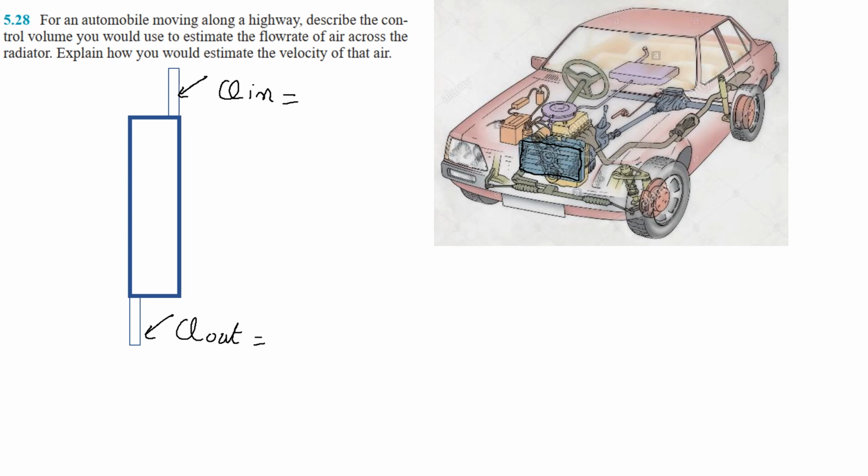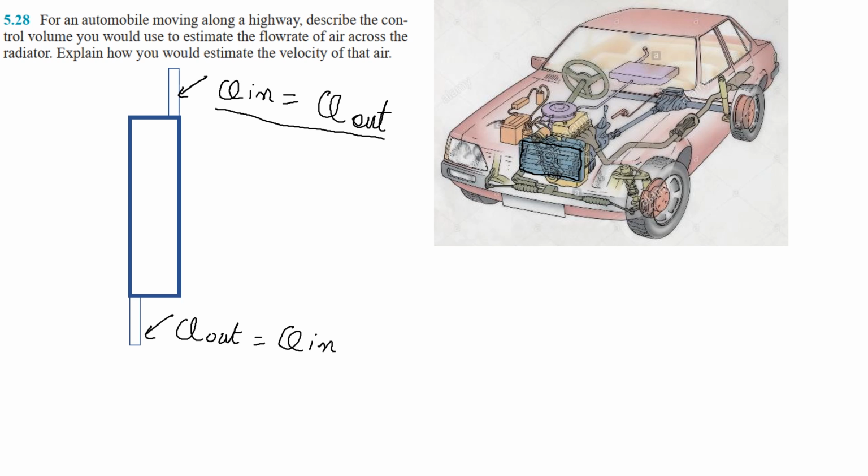I estimate that these two quantities will be equal, because we want to control the flow rate and we don't want any leakage of fluid from the system. So the mass is not actually changing; in this case it is very much conserved. So the flow going in and the flow going out might be the same. This is what I'm estimating.